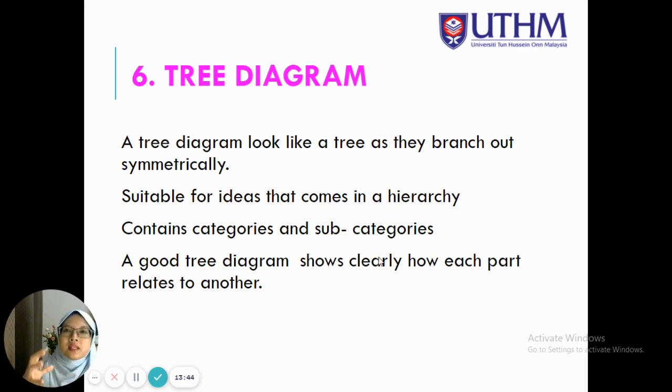Hierarchy means this one first, then this one, and then the next one. If it is a hierarchy, it is very well organized if we use a tree diagram, because it contains categories and subcategories, and a good tree diagram shows clearly how each part relates to another.